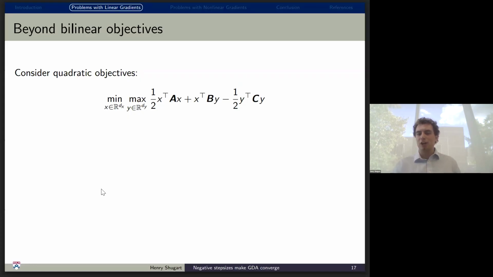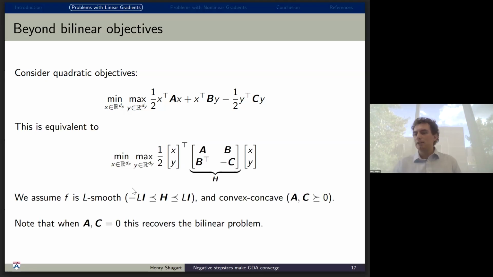So if we add a regularization term to the x and the y variables, so now we have a quadratic penalty in x and a quadratic penalty in y, we're going to see the same types of results hold. And so this problem is, of course, equivalent to just a larger quadratic, z transpose H z, and this is a strictly more general class than the bilinear objectives, because when you set a and c equal to 0, you recover the work that I just showed you.